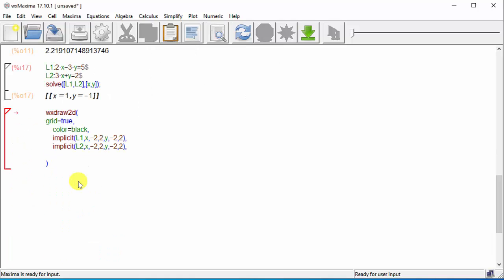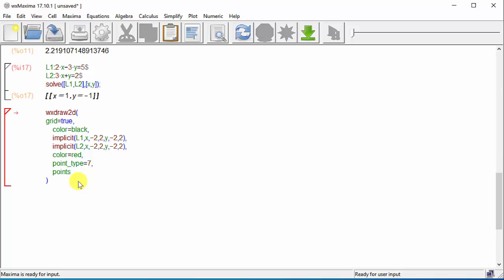And now we want to do the point. So I want to do that, color equals red, comma. And then I want my point type equals 7. That'll make a solid circle. And comma. And then points.